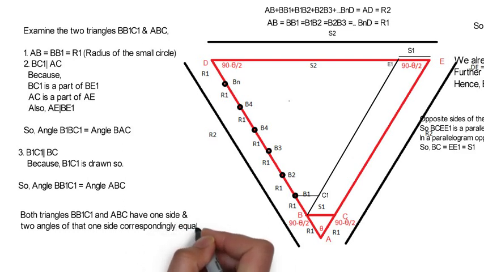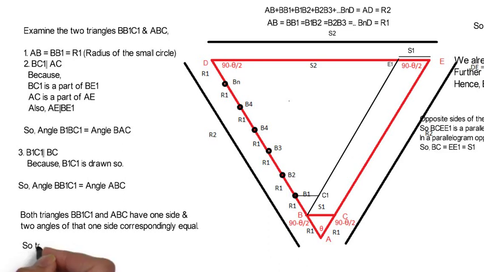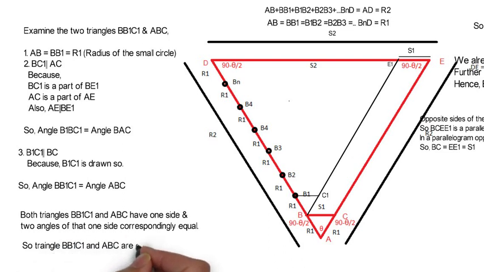If two triangles have one side and the two angles on that side equal to each other correspondingly, then those two triangles are equal to each other. So triangle B1BC1 is equal to triangle ABC.